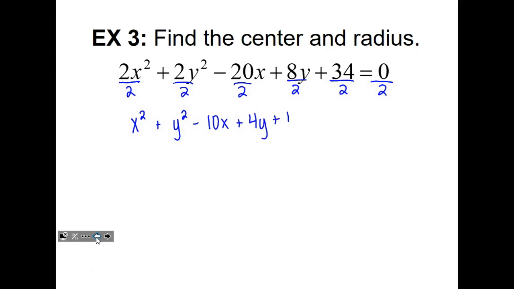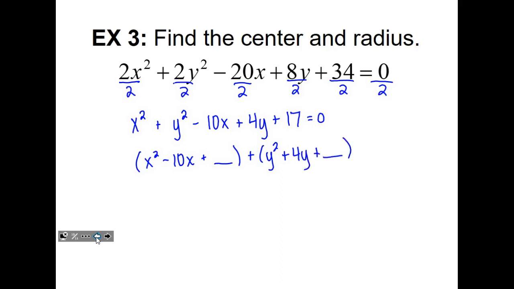17. Okay. Then we need to group them. x squared minus 10x plus blank plus y squared plus 4y plus blank equals negative 17. So we will have x minus 5.